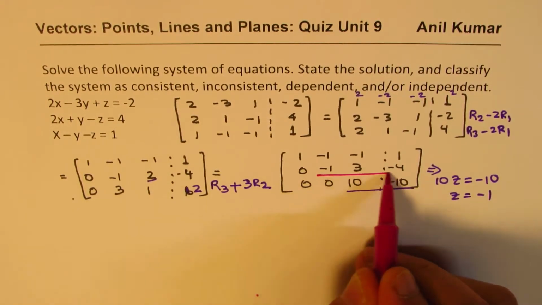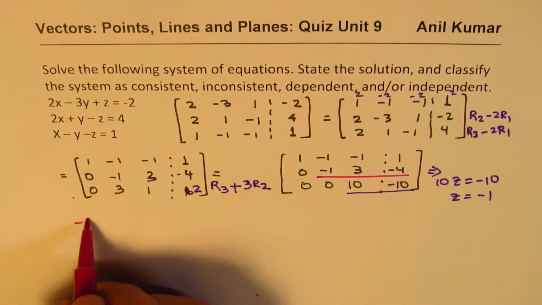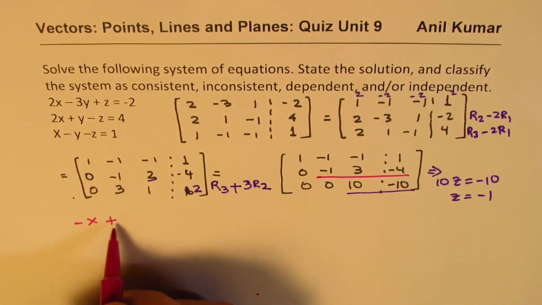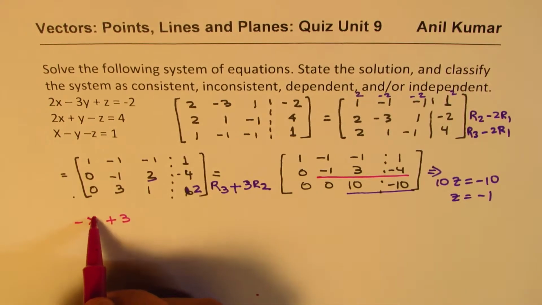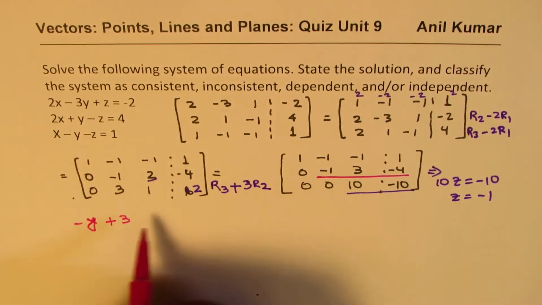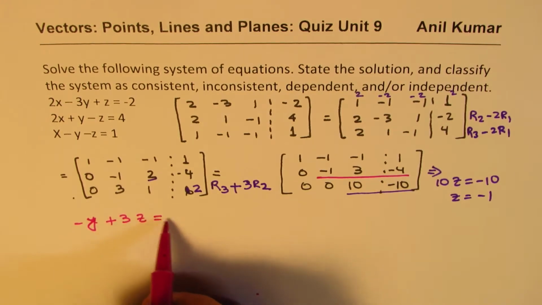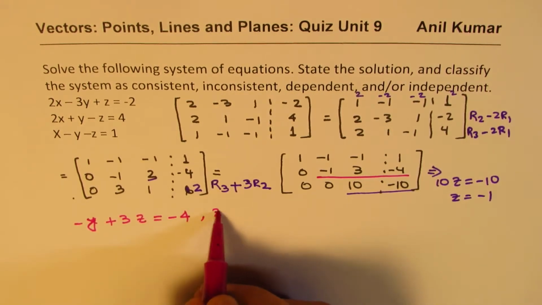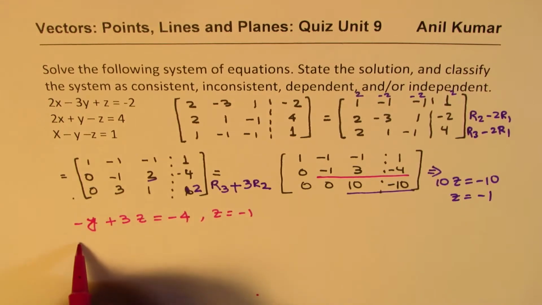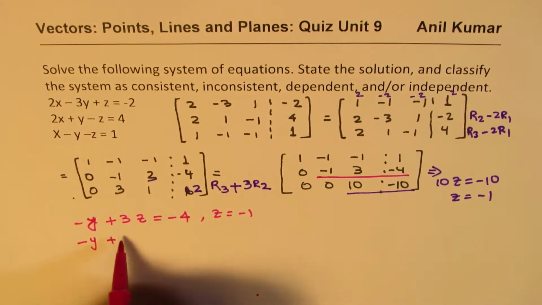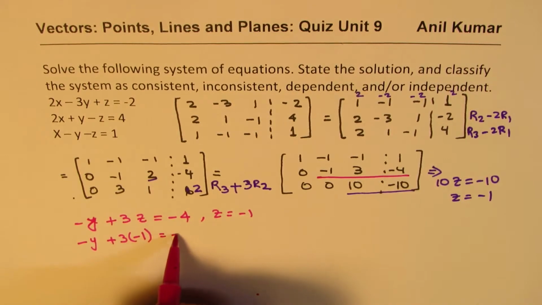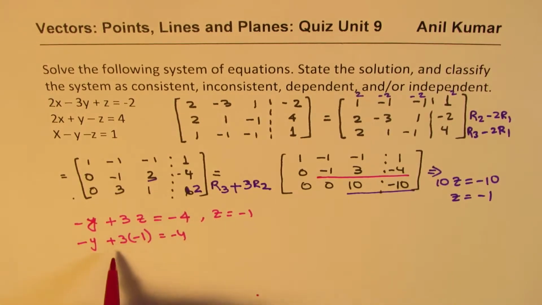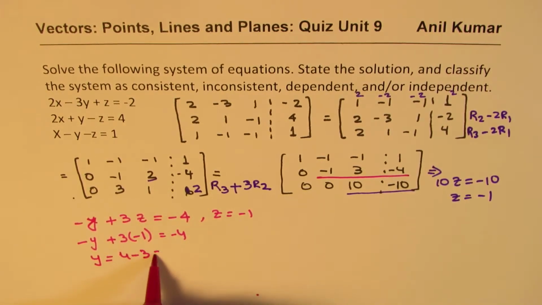That gives you minus y plus 3z equals minus 4. We know z is equal to minus 1, so substitute there. Minus y plus 3 times minus 1 equals minus 4, and that gives you y. We take y to this side, 4 on this side, so 4 minus 3, which is 1. So we get the y value is 1.